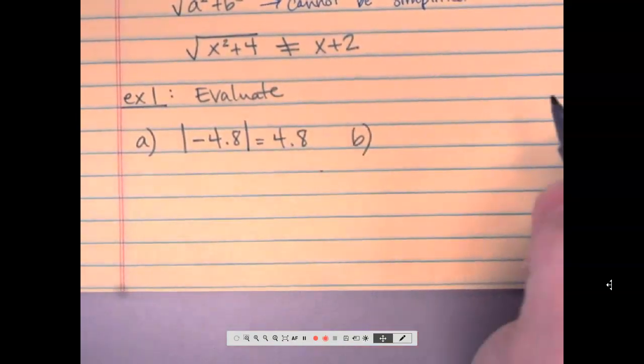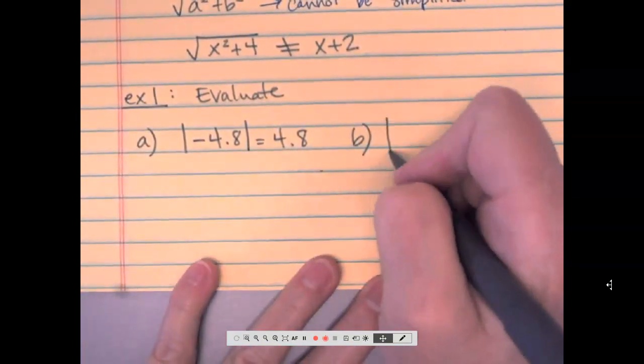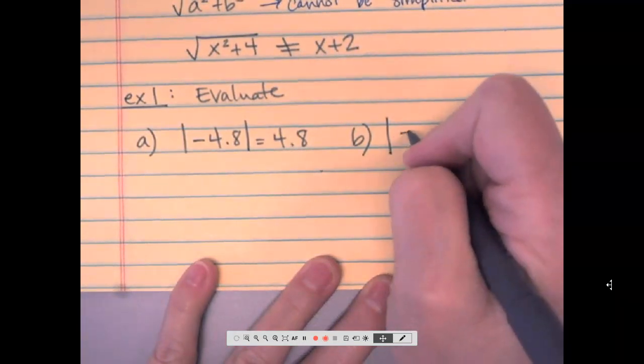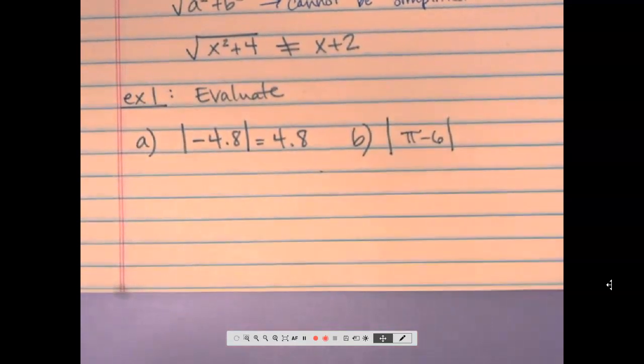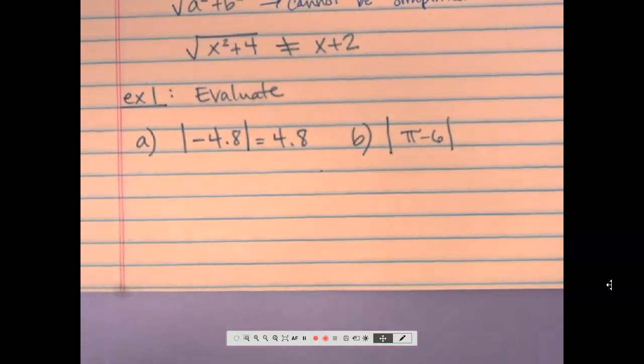Okay, this one will need a little thought. The absolute value of pi minus 6. I just want you to roll it around in your brain a little bit first. Is the quantity pi minus 6 positive or negative? How do we know that?